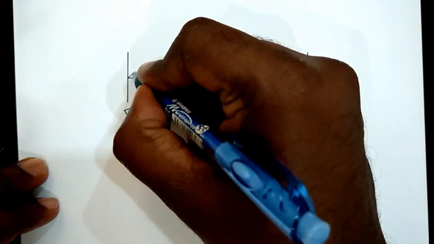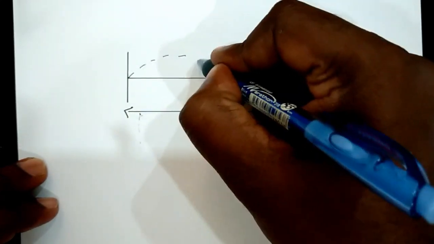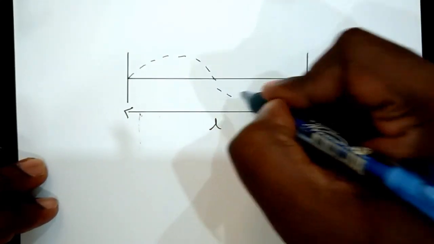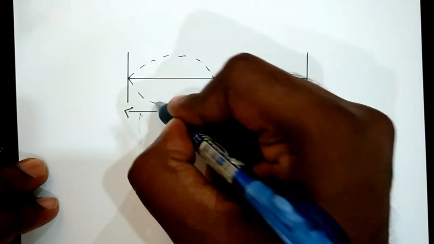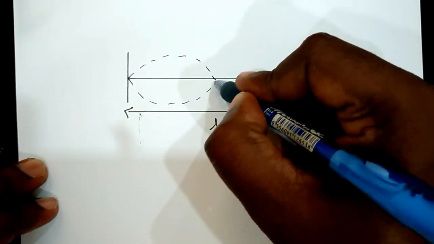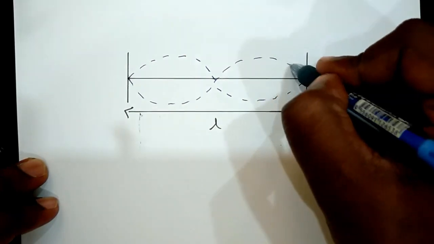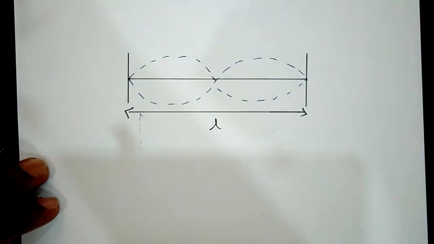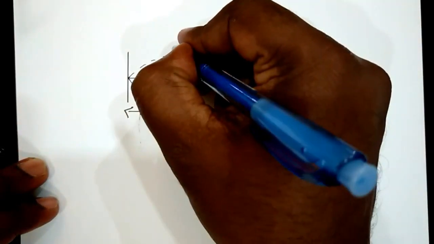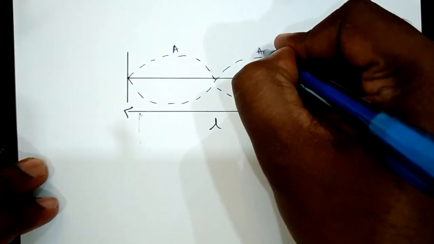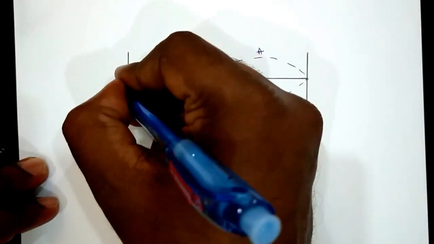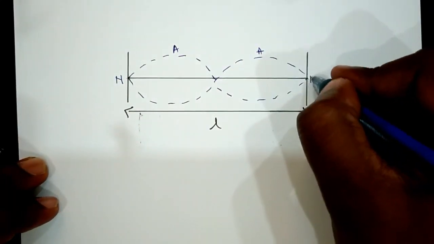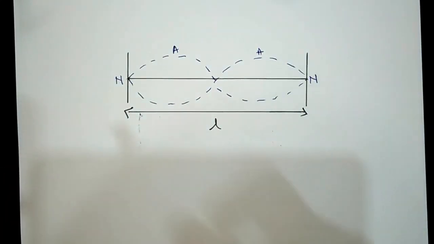It can be like this. So you can see two antinodes. Of course, the fixing point is a node, no displacement at all.